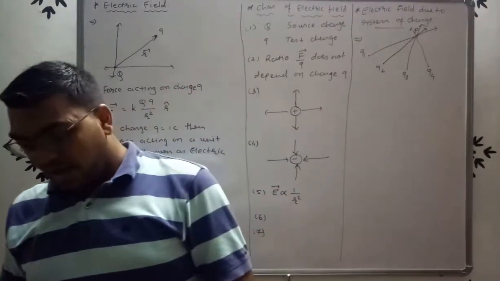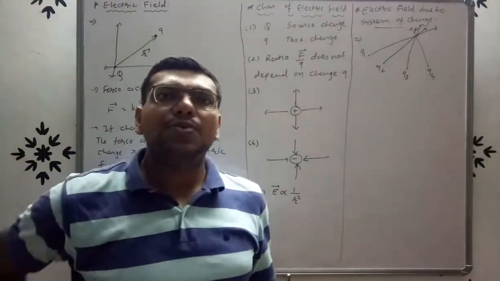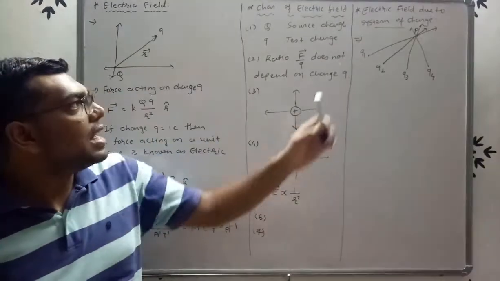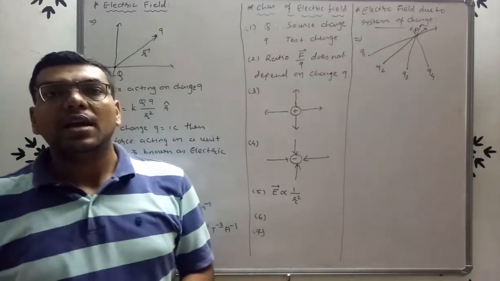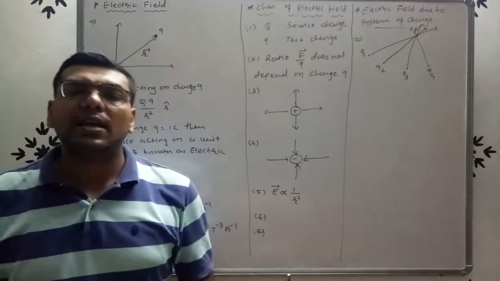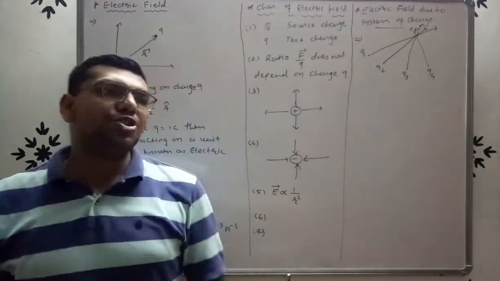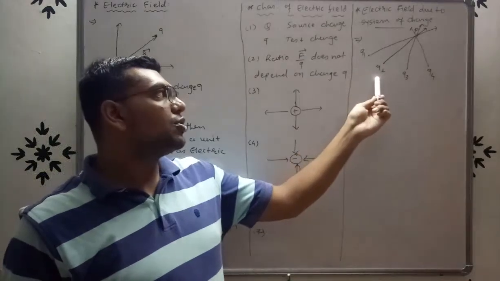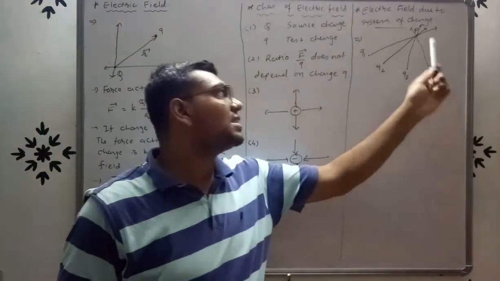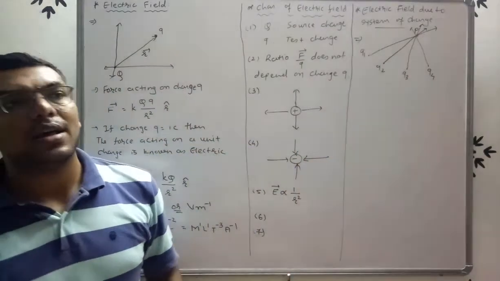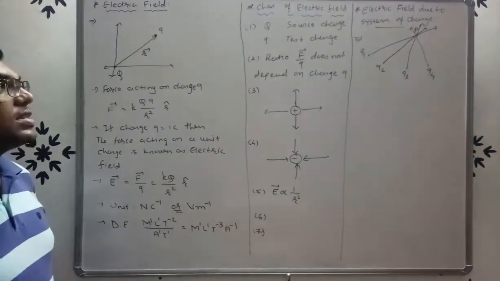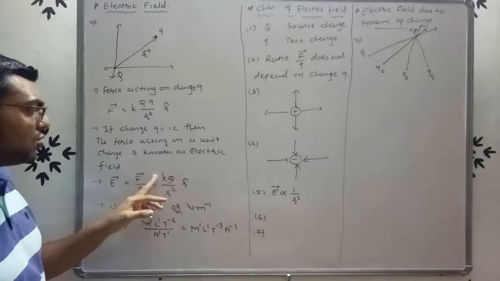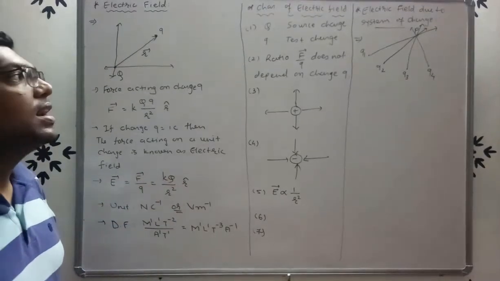Again, as shown in the figure, we have to find the electric field at point P. Here the electric field at point P is due to charge Q1, Q2, Q3 and Q4, right? So here we know the equation of electric field: E is equal to KQ upon R square, right?